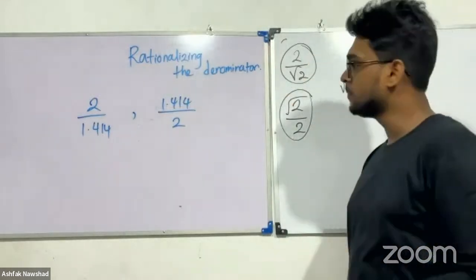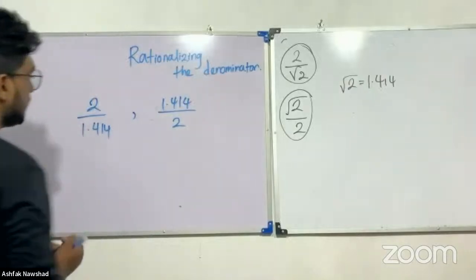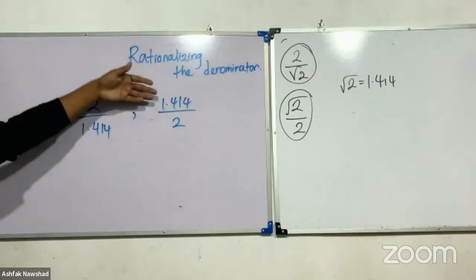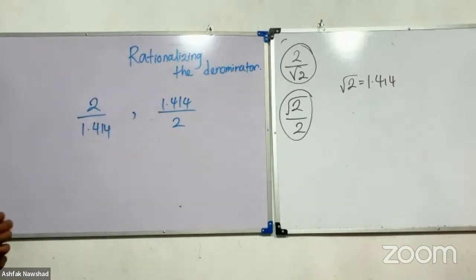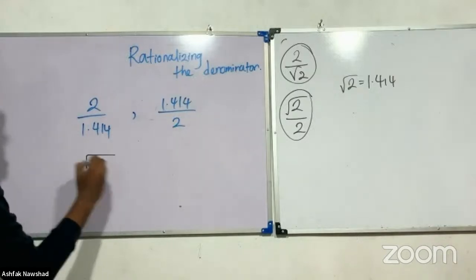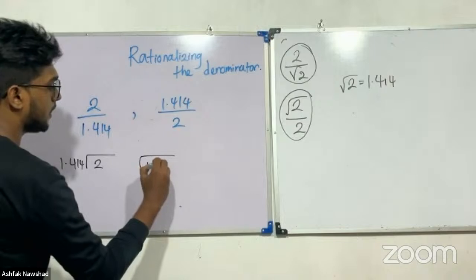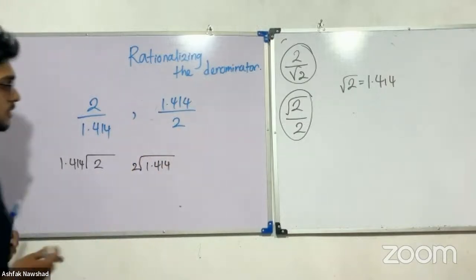So here, this is a division of 2 divided by 1.414, and this is 1.414 divided by 2. If you wrote it inside the division box, it is like this.